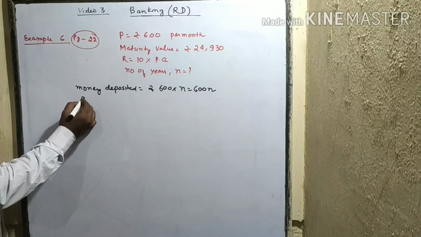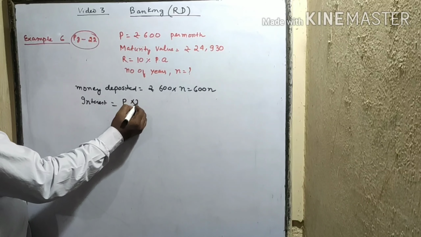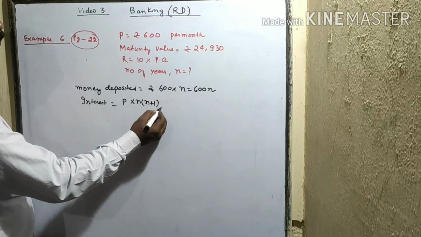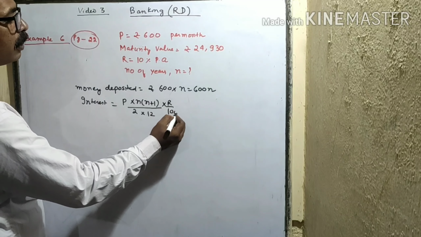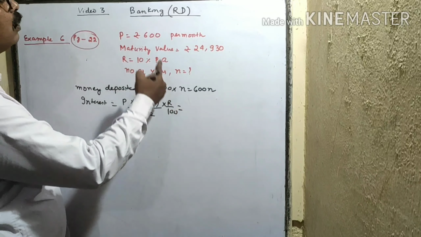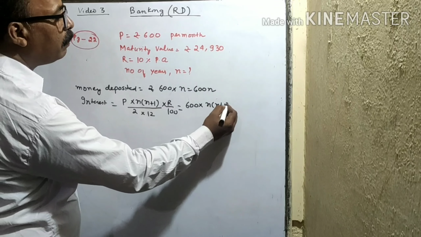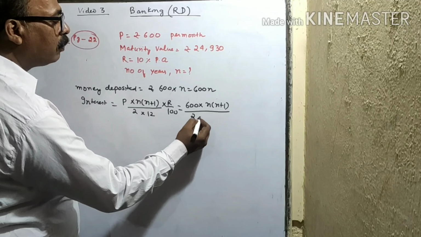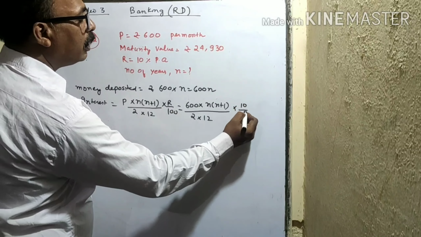Then we will calculate interest. Interest is equal to P into n into (n plus 1) by 2 into 12 into R by 100. So principal 600, n we do not know, n plus 1, 2 into 12, and rate is given how much? 10%. 10 by 100.